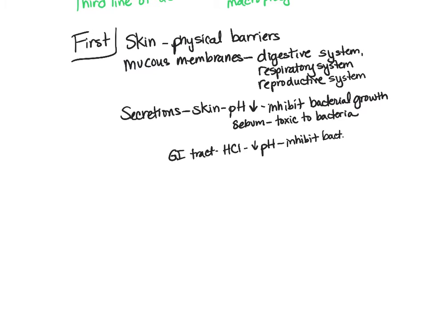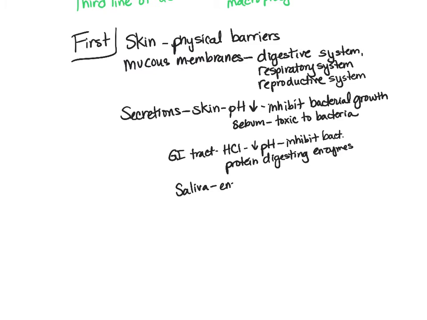We also have things like protein digesting enzymes that will digest the proteins that the bacteria, for example, have on the outside of their plasma membrane and their cell wall. Also, things like saliva.